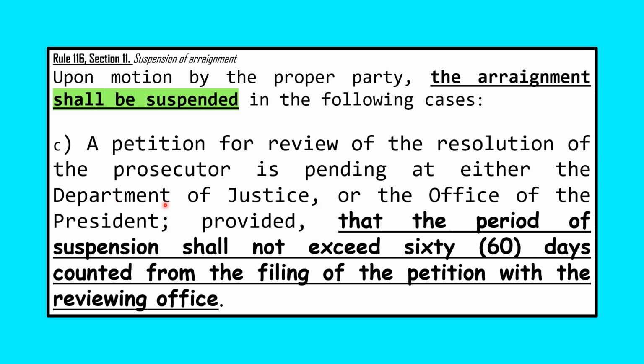Just take note though that this suspension of the arraignment is good only for a period of 60 days. After 60 days, ano na ang mangyayari? Depende na yan kay judge. Either he will continue with the proceedings or he will defer the proceedings. So that is up to the court's choice. So discretion yan ni court.